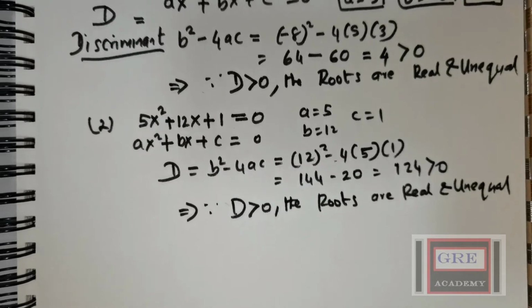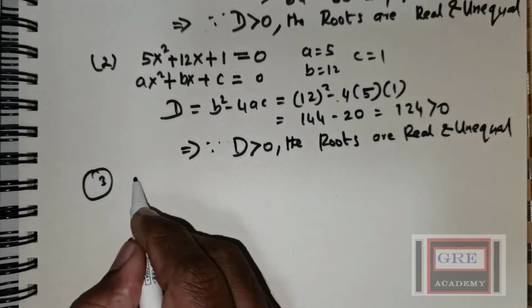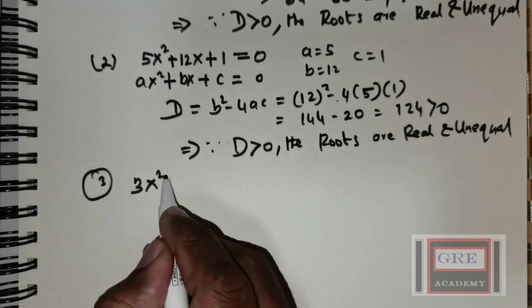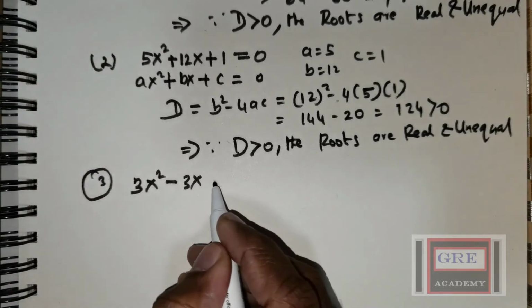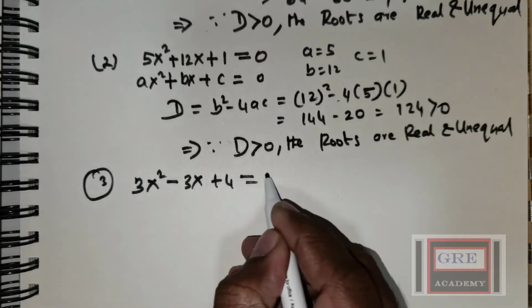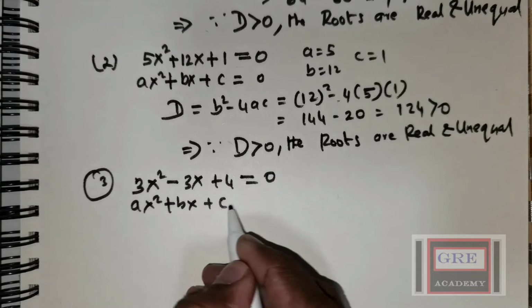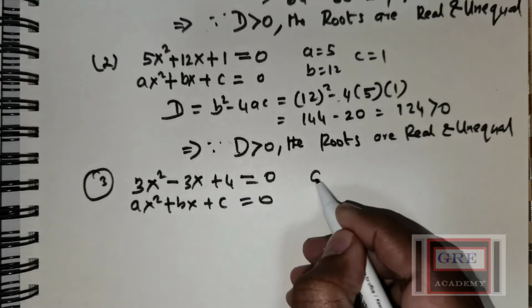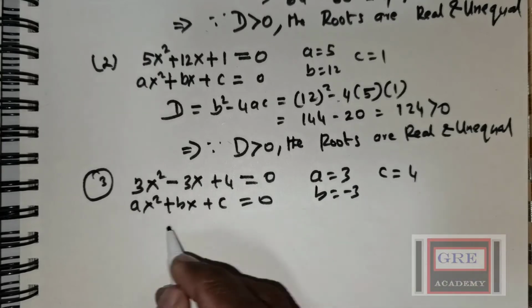Now question number 3. What have we got? Question number 3 is 3x squared negative 3x positive 4 is equal to 0. You write down the quadratic equation ax squared positive bx positive c is equal to 0. a is equal to 3, b is equal to negative 3, c is equal to 4.